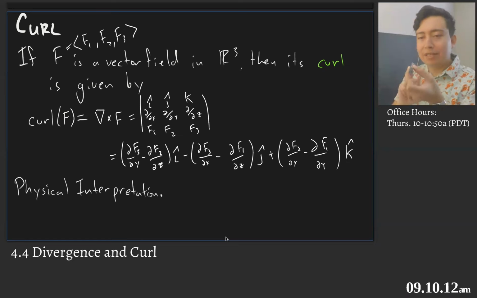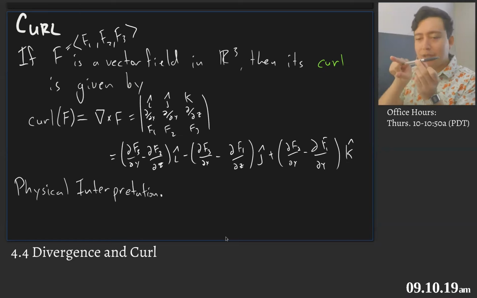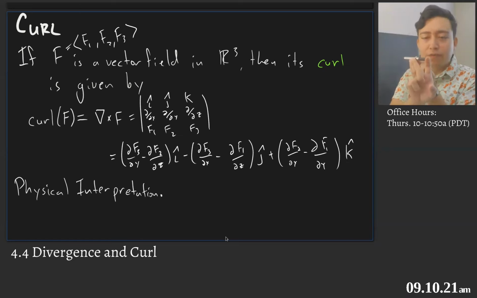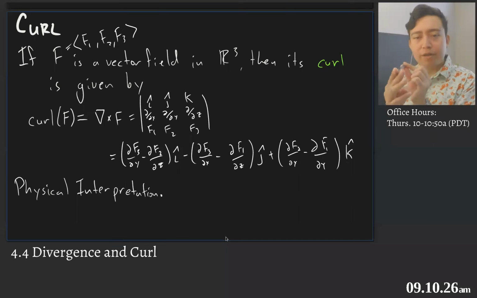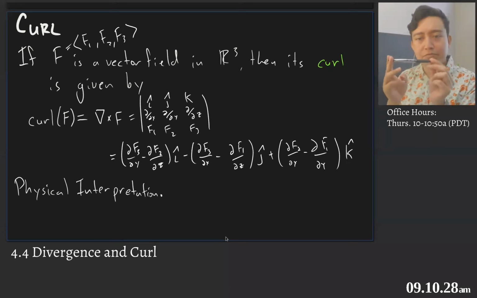If it's flowing stronger on this end of the pen versus this end, there's going to be some spin to it.